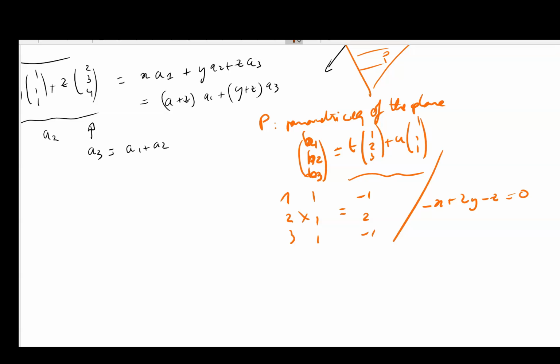Any triplet b1, b2, b3 that does not fit this equation won't get a solution to Ax = b. So the column space is your first very important space related to a matrix that we are going to see. Very well, thank you very much.